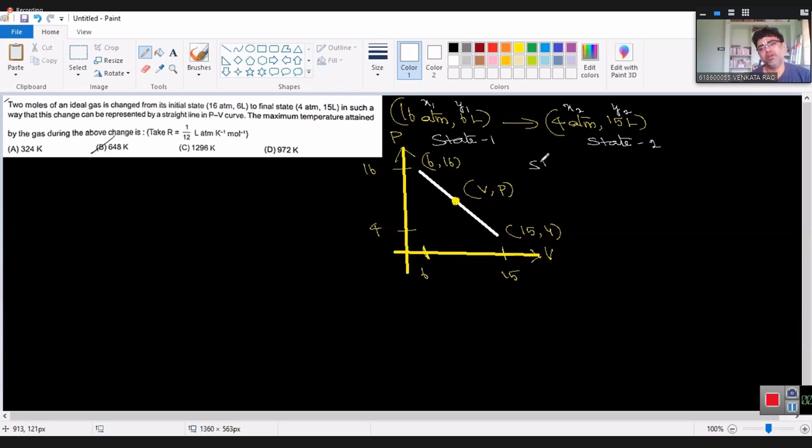Let me find the slope of the line. Slope is y2 minus y1 by x2 minus x1, difference of y coordinates by difference of x coordinates. That is the slope of the line.